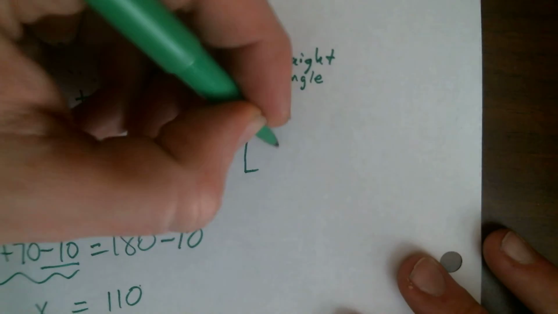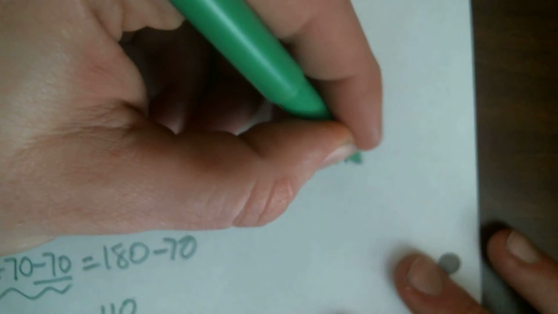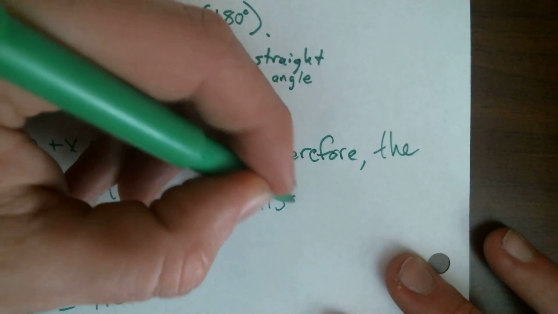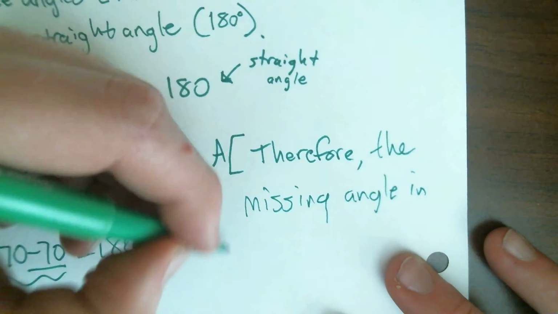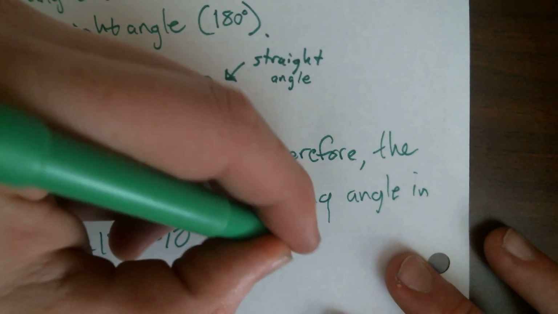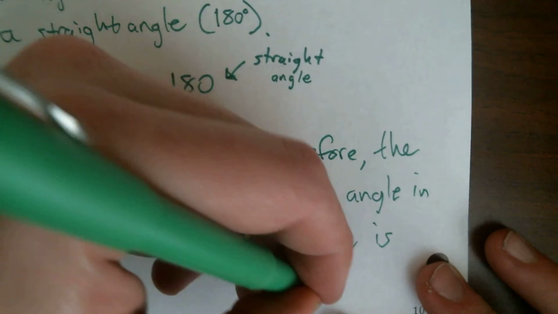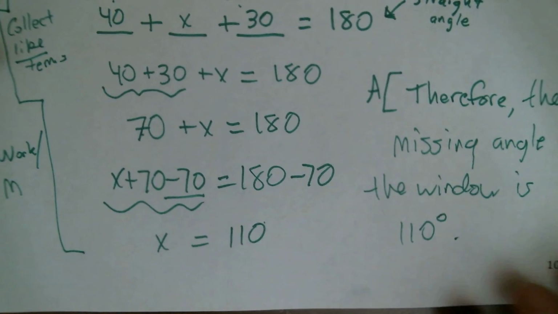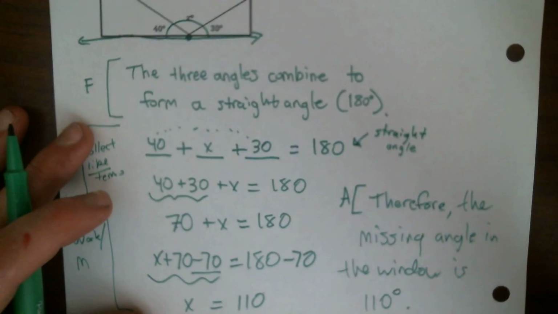I can say therefore, the missing angle in the window is 110 degrees. And there we go. We've got a fact, we've got a model with some work shown, and we've got an assertion. So all in all, we've got our corrected answer to our problem.